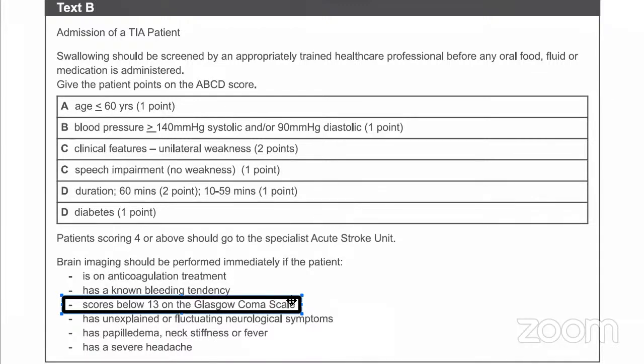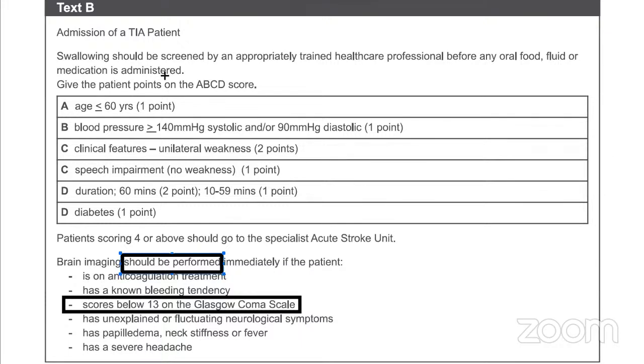That means what should be done? It should be performed immediately. If the patient is on anticoagulation treatment, if the patient has a known bleeding tendency, if the score is below 13, if he has unexplained or fluctuating neurological symptoms, if he has papilledema and neck stiffness or fever, if he has a severe headache, all these things are there, then if any one is there, immediately something has to be done.